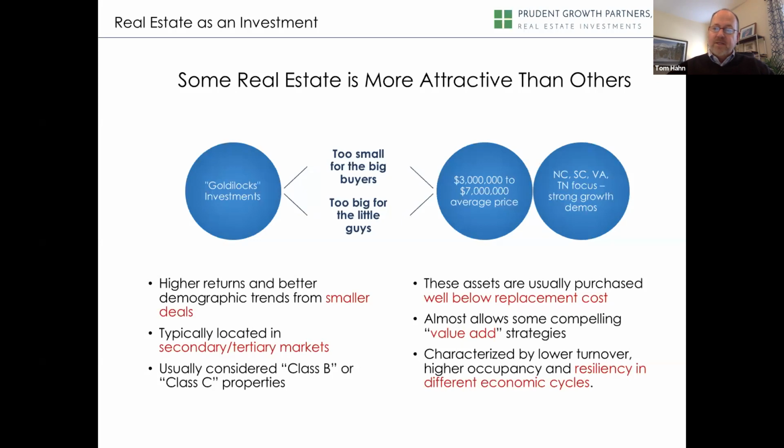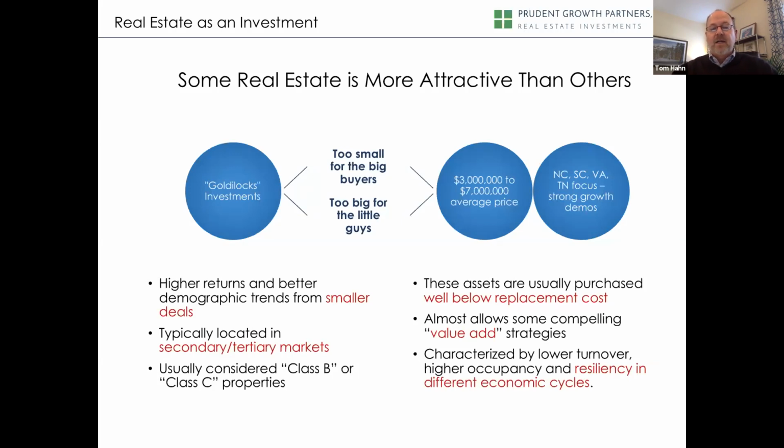We are focusing in the Southeast: North Carolina, South Carolina, Virginia, Tennessee. We only own right now in North Carolina and Virginia, but Tennessee and South Carolina are areas we're looking at. We find higher returns and better demographic trends with these smaller deals. We like the secondary and tertiary markets. So rather than being in Raleigh, we don't mind being just outside of Raleigh or just outside of Charlotte.